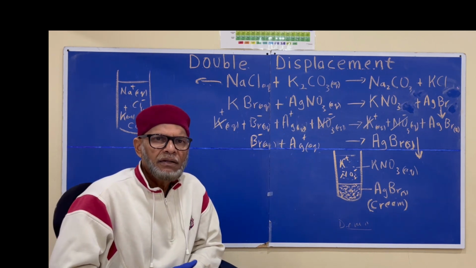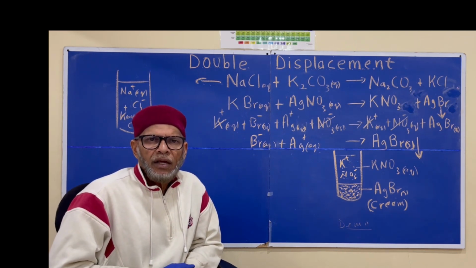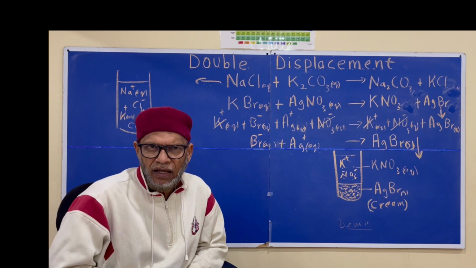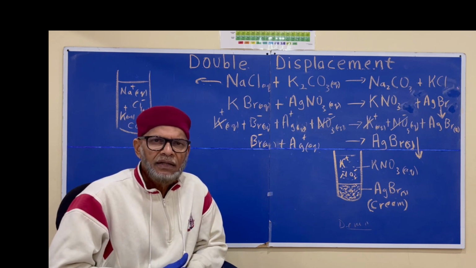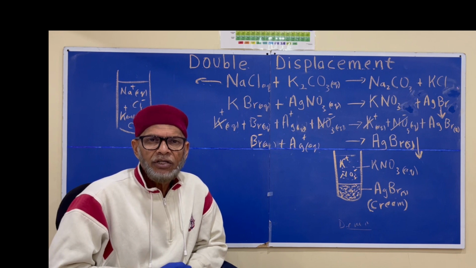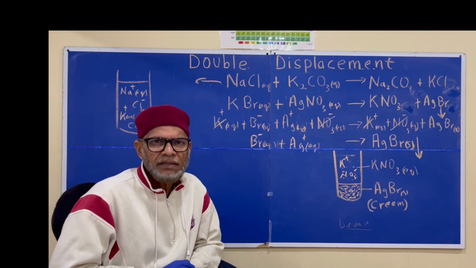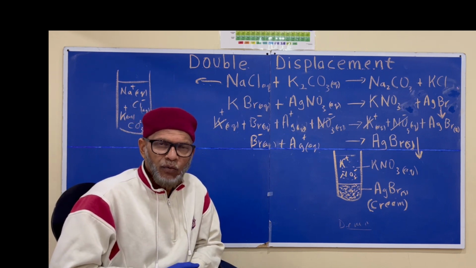These are reactions between aqueous solutions of acids and aqueous solutions of carbonates. These are identified by effervescence with the evolution of colorless carbon dioxide gas that turns lime water milky.